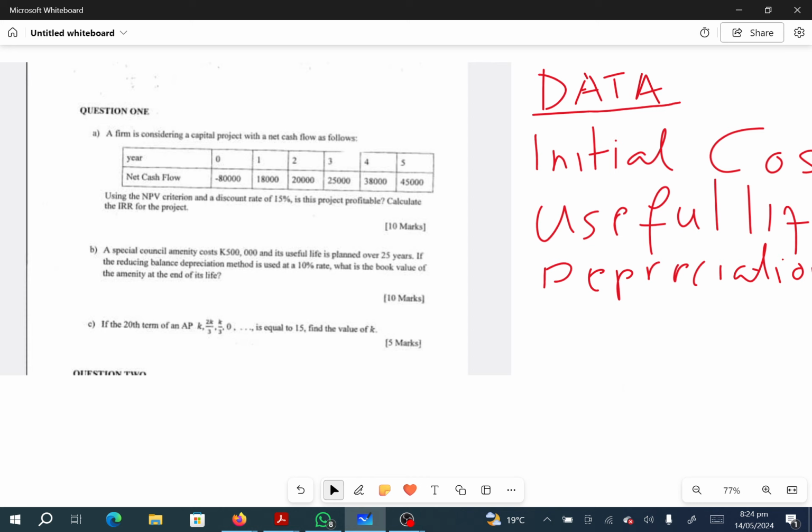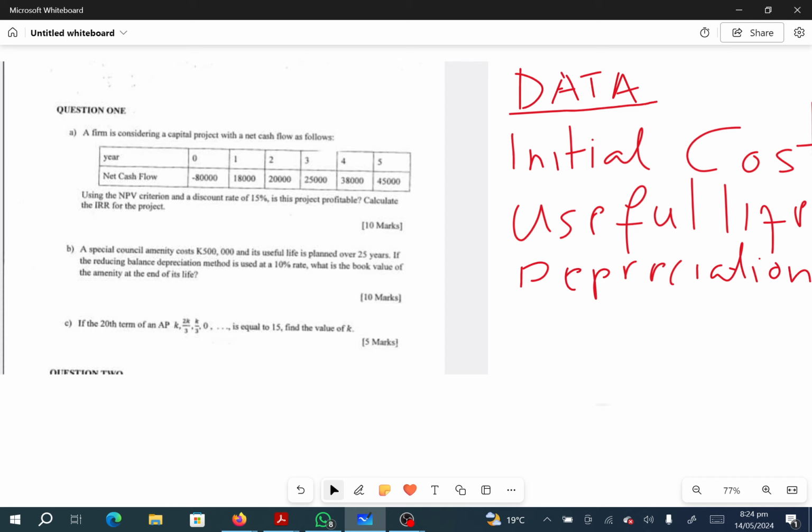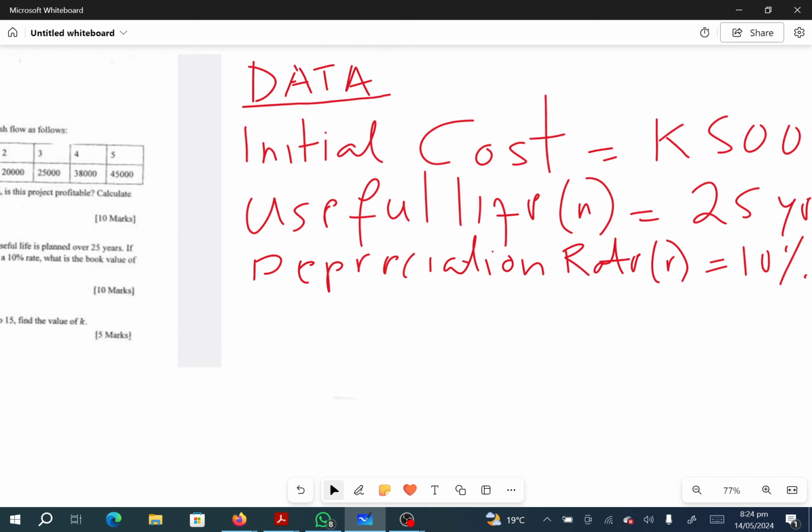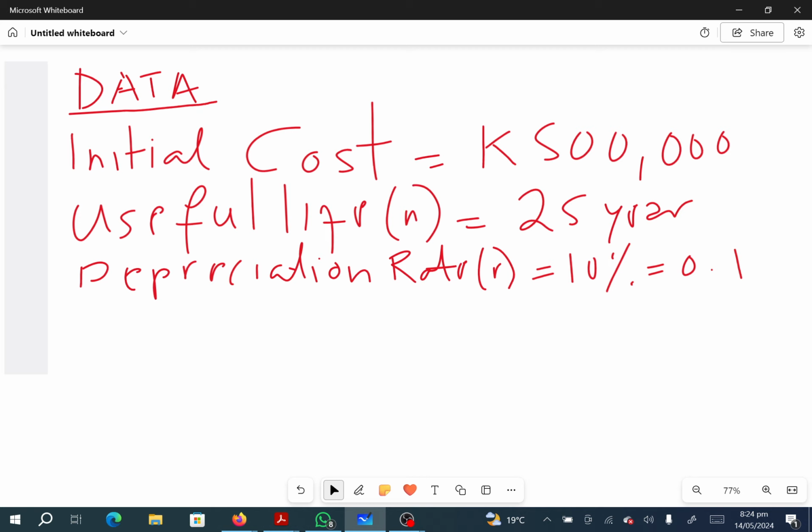So this asset, an amenity, has an initial cost of 500,000 and its life is planned over 25 years. The reducing balance method of depreciation is used at a rate of 10%. They are asking what the book value of the amenity is at the end of its life, so we want to calculate the book value of this amenity at the end of its useful life.